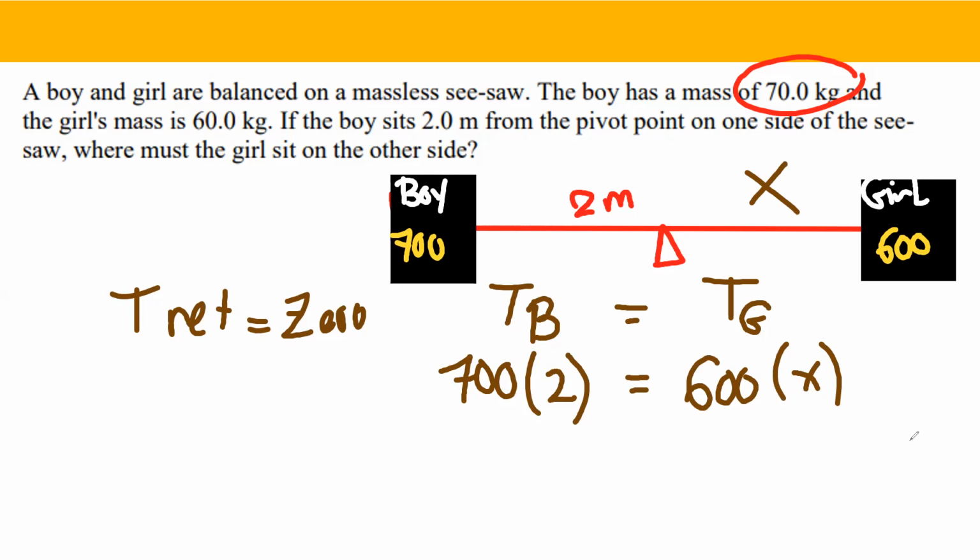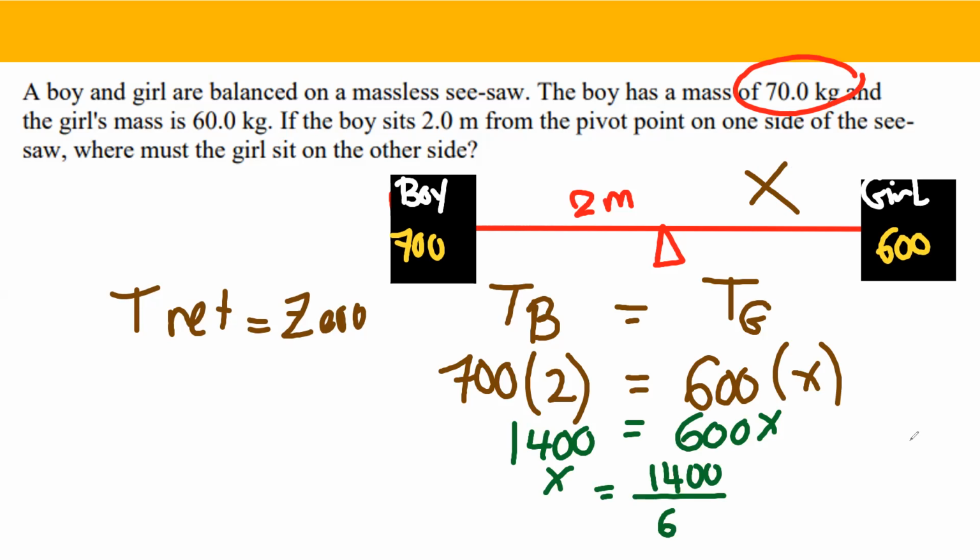Then 700 times 2 is 1,400, equals 600 x. So x will be 1,400 over 600. So the distance will be 7 over 3 meters.